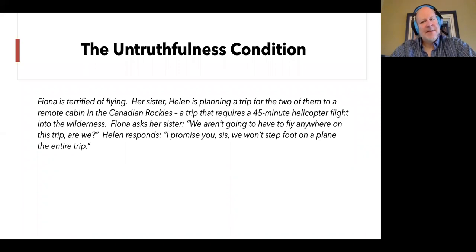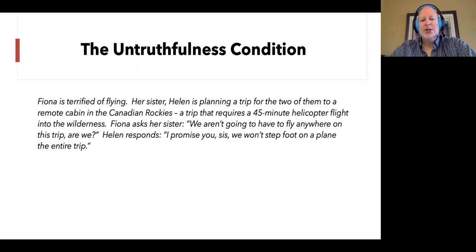All right, so Helen's being real sneaky here, just like Tony was. Helen is using the truth. When she says, "We won't step foot on a plane the entire trip," she's telling the truth. There's no plans for them to get on a plane ever the entire time on the trip.